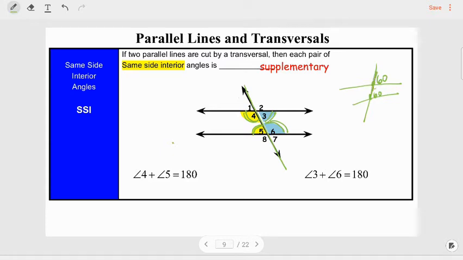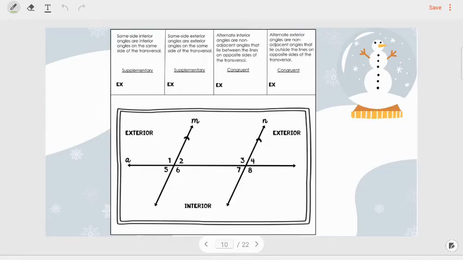This is a line or linear pair. This angle right here would be 120. When you add those two inside angles together, it totals 180 degrees. So we say same side interior angles are supplementary. And you'll see angle 4 and 5 add to 180, angle 3 and 6 add to 180.